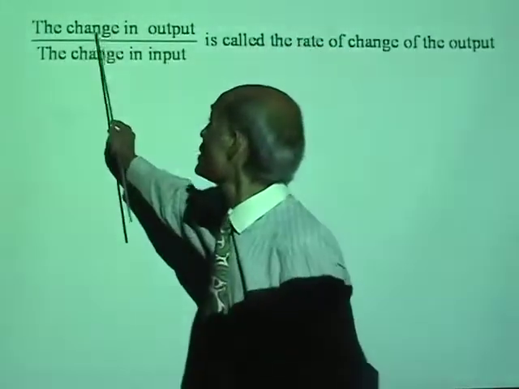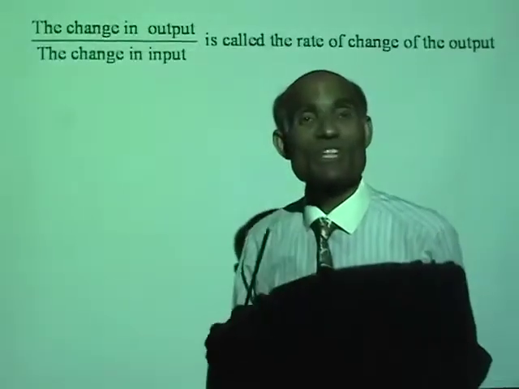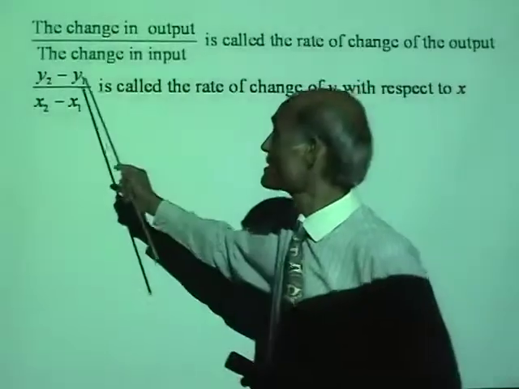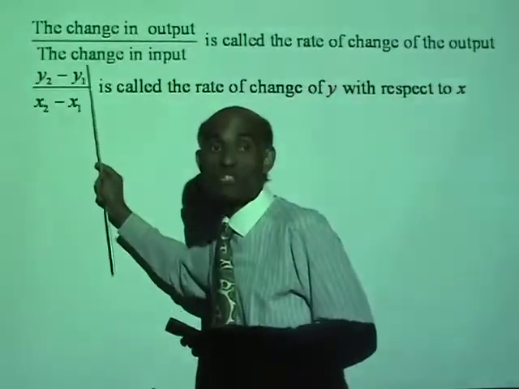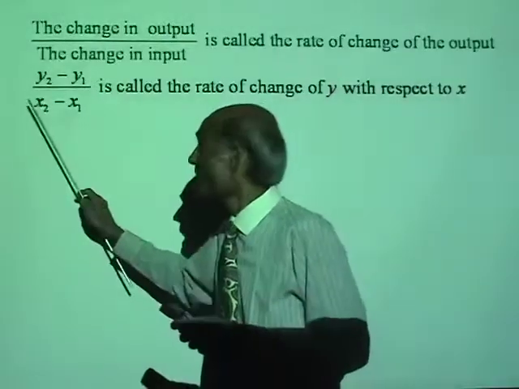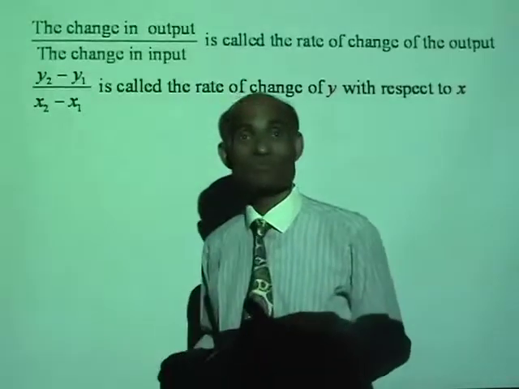Now, change in the output divided by the change in the input is called the rate of change of the output. And you can write it like this. Isn't this the change in the output? y2 minus y1. And x2 minus x1 is the change in the input.